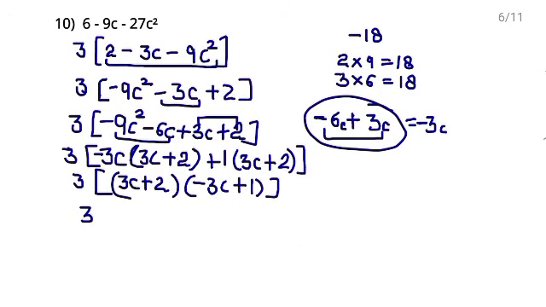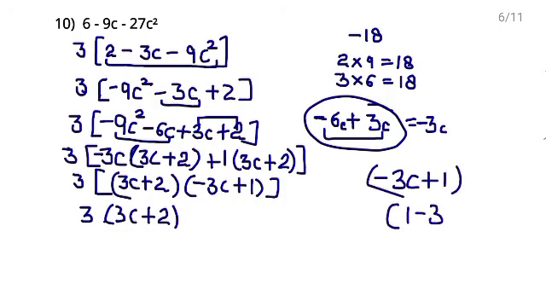This 3 into 3c plus 2 and minus 3c plus 1 can also be written as, कैसे लिख सकते हैं, 1 minus 3c, right? So this is 1 minus 3c. This is your answer. Next question number 11.